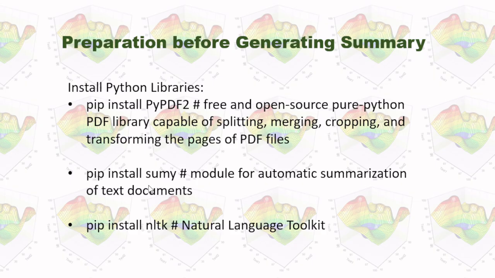And then we need to install this SUMY library. This module is used for automatic summarization of text documents. And then we need to install this NLTK, the Natural Language Toolkit.